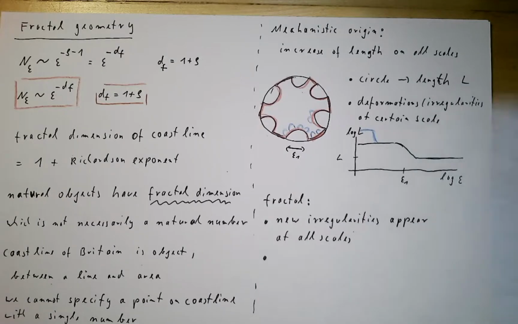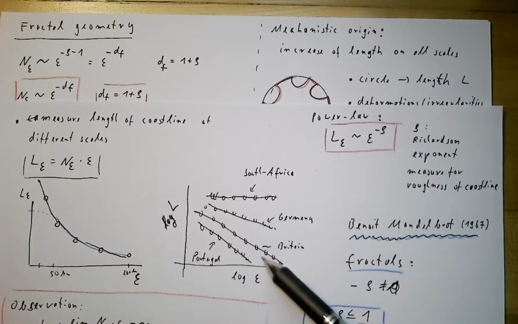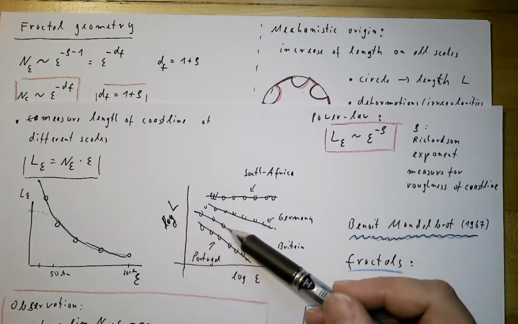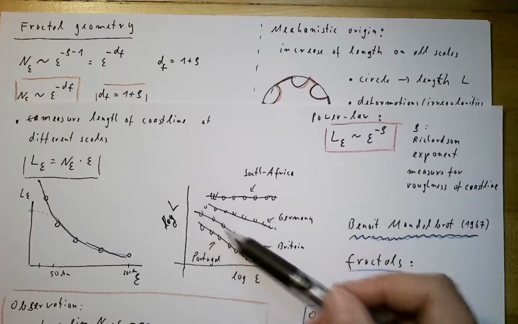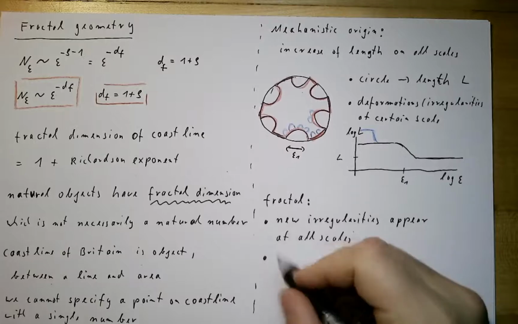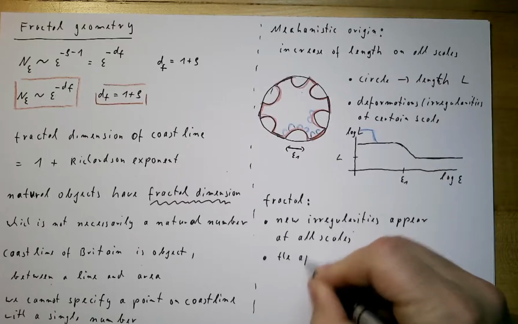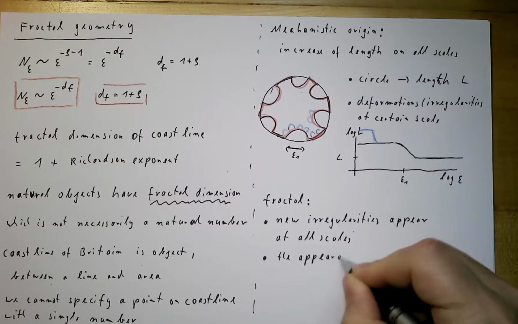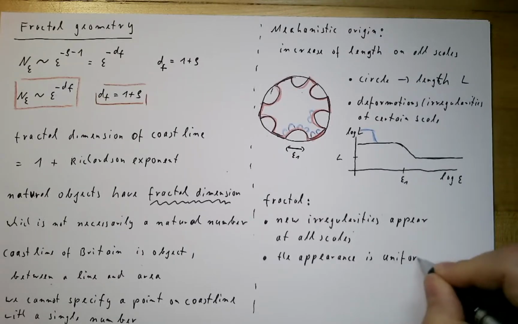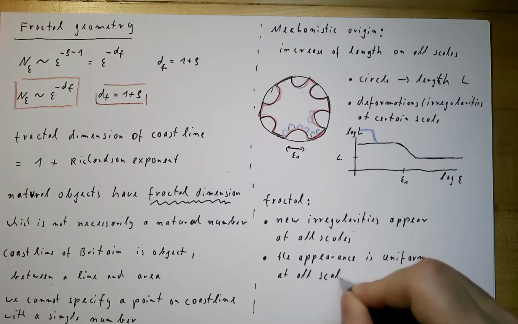And now the interesting thing is, I mean, this would just mean we have a line which is increasing, but now this appearance is uniform on all scales. And that's astonishing. It's a power law. Yeah? So in general it could be anything. Why is it a power law? But that's the observation. So this appearance is uniform at all scales.